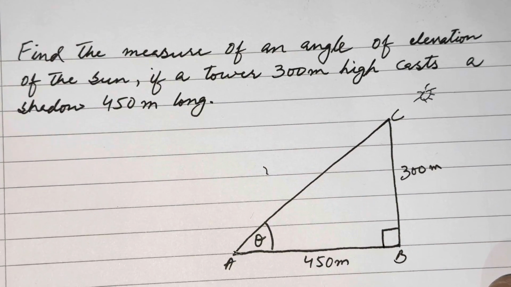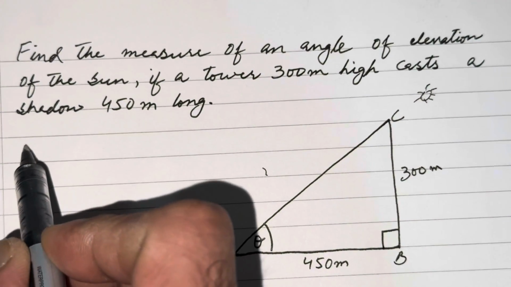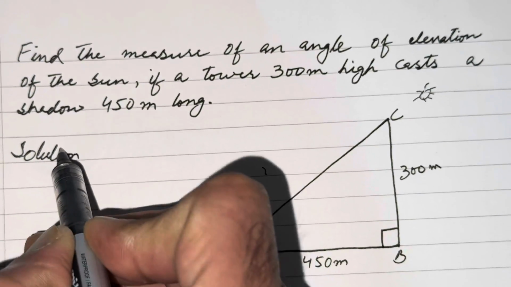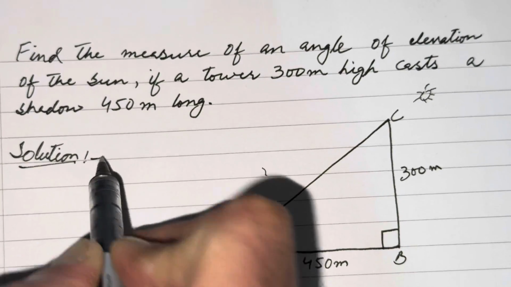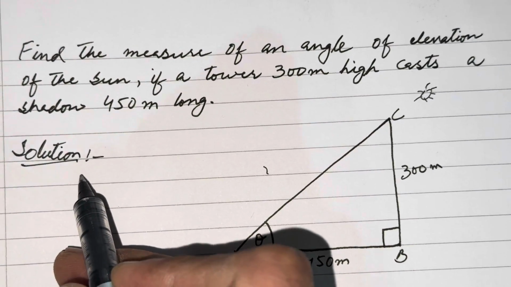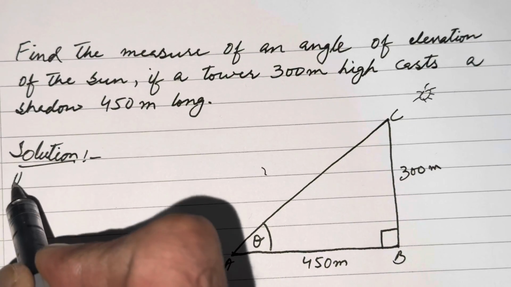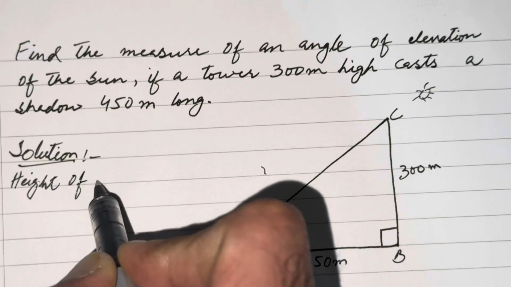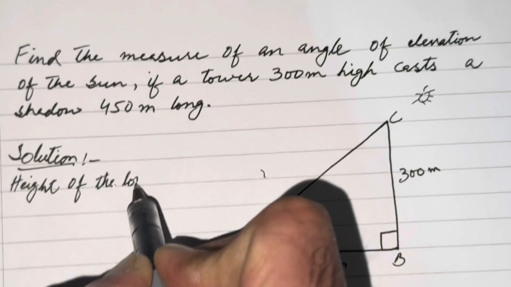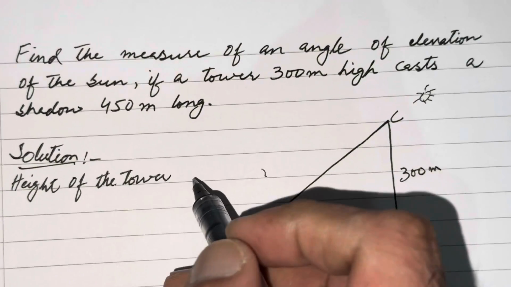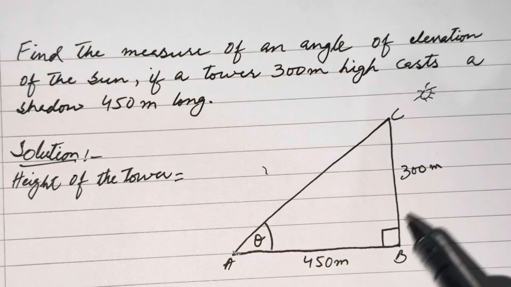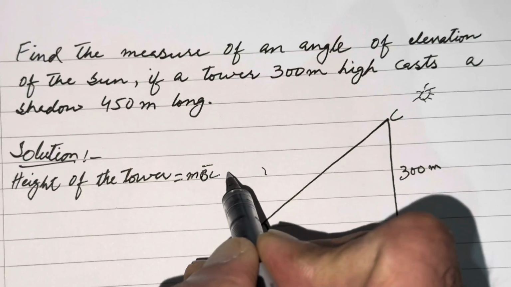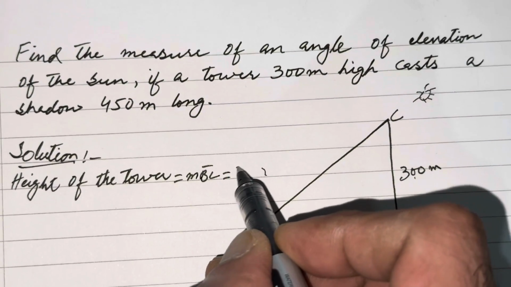First of all, from the given information we are going to write down the solution. The height of the tower is equal to BC, so the measure of BC is equal to 300 meters.